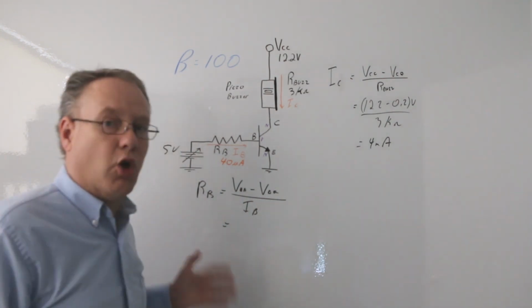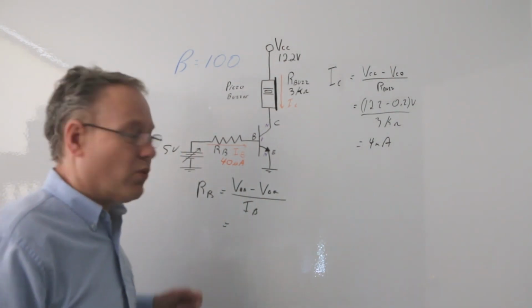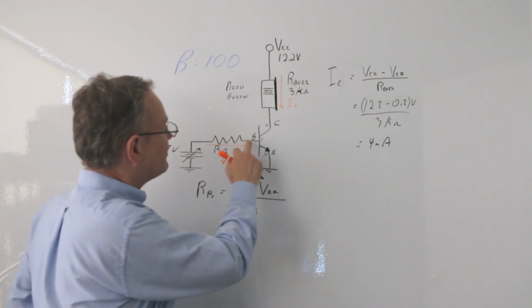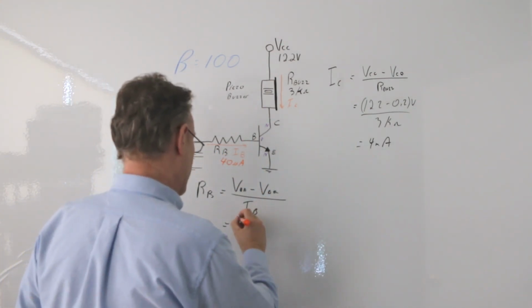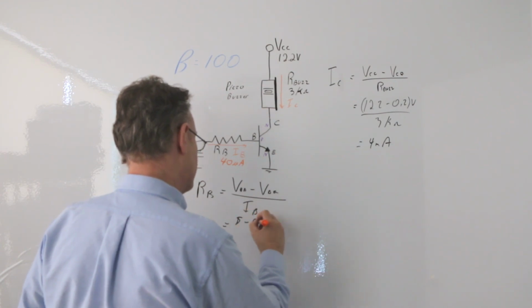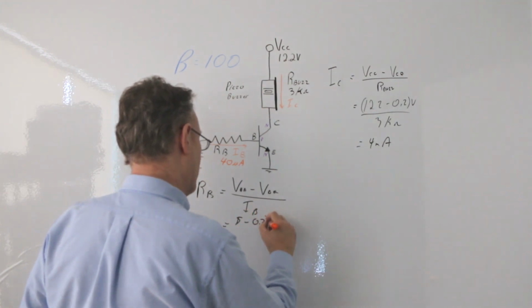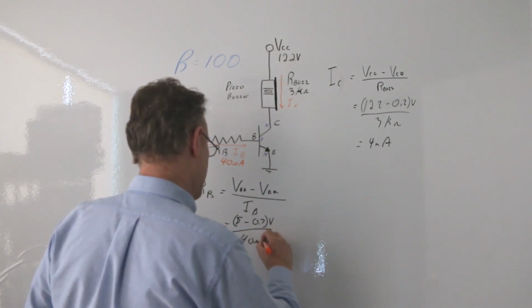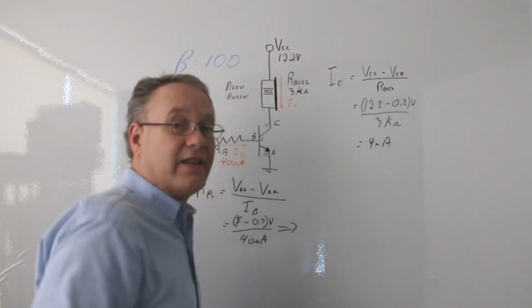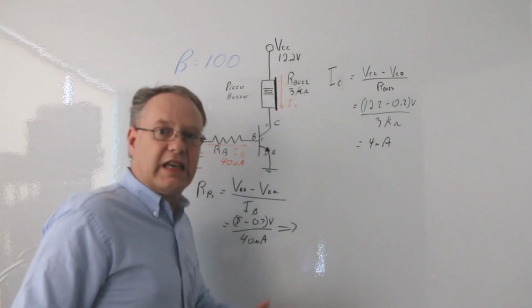So, it's just Ohm's law. And we know that when it's fully saturated, this is forward biased, so therefore it's 0.7 volts. So that's easy. I'm going to write 5 minus 0.7 volts divided by 40 microamps, and that equals 107.5 kilo ohms.